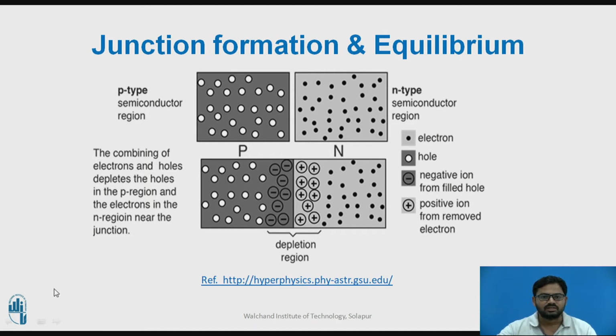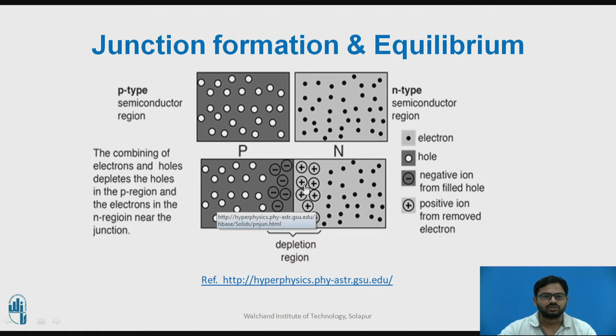As you can see here, this is the negative charge. These are the immobile charges, and these are the mobile charges. So it forms a depletion region. The depletion region is the region depleted of mobile charges.